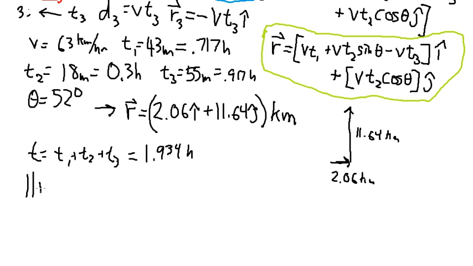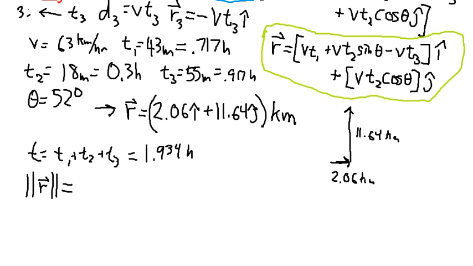So let me calculate the magnitude of my R vector, which is 2.06 squared plus 11.64 squared, and those total up to 139.7.